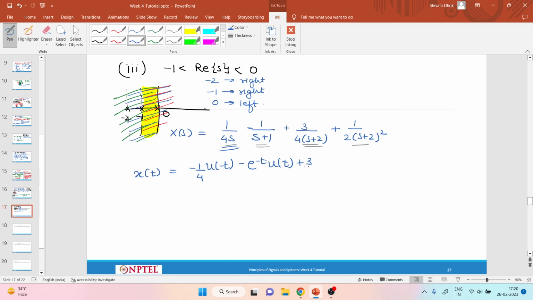Similarly, this is giving me a right hand sided thing, so it is e power minus 2t u of t, plus this is equal to 1 by 2 into t times e power minus 2t u of t. So for all the three cases, my region of convergence comes something like this.